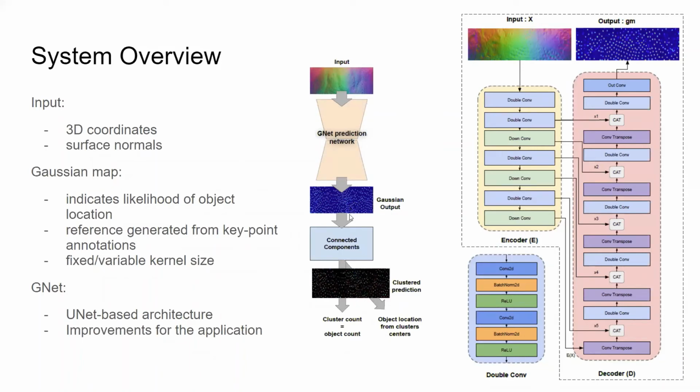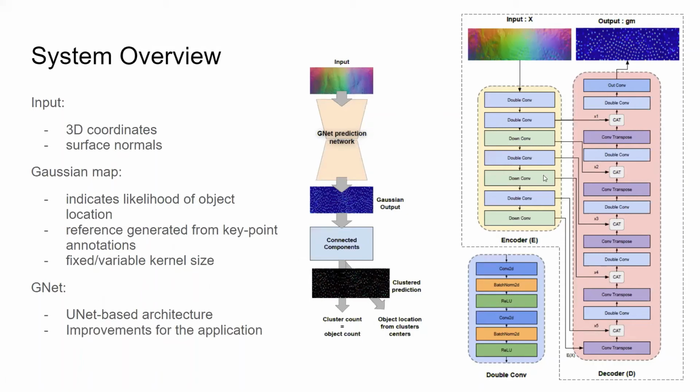It's basically an indication, with some uncertainty around each location, of the location of that object. What is nice about these Gaussian maps is that the references can be generated from key point annotations, which are then just enhanced by a Gaussian kernel with a fixed or variable size. Then you perform clustering, a very straightforward operation, and what you get is the cluster count and also the location of the clusters, if you are interested in that.